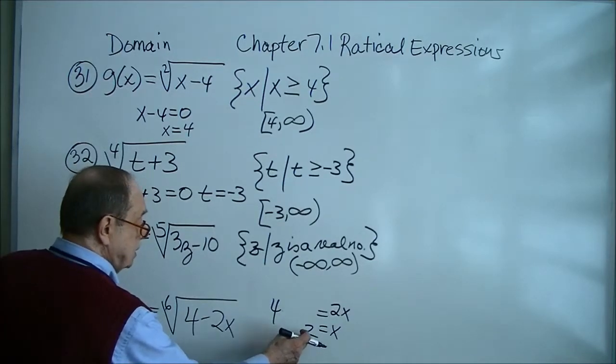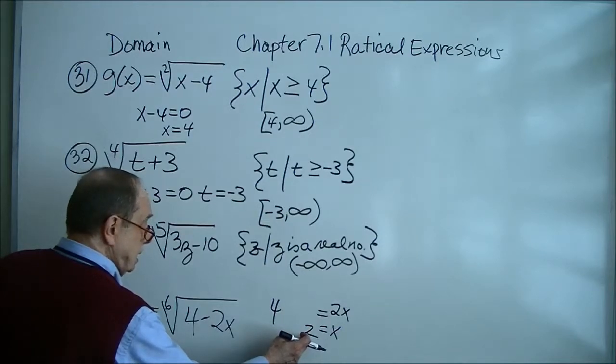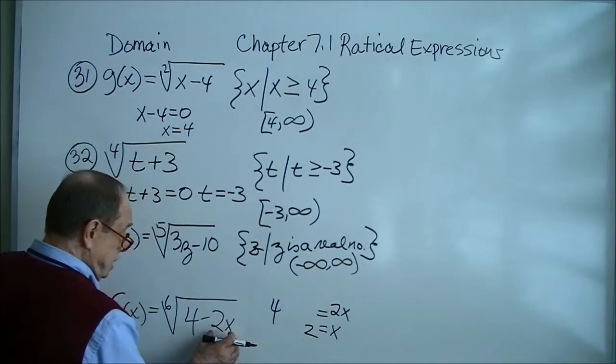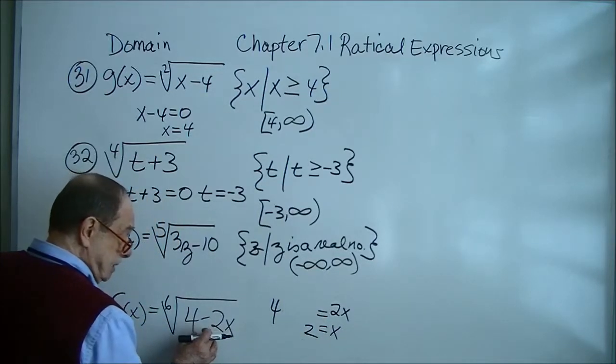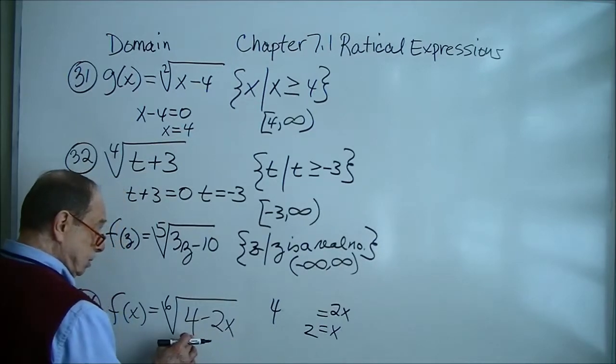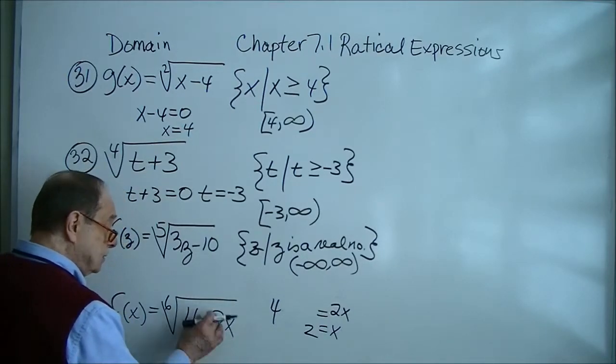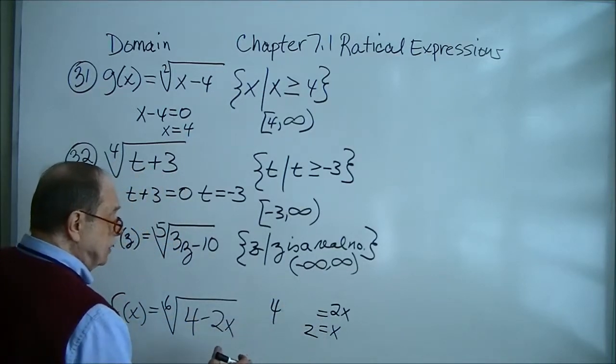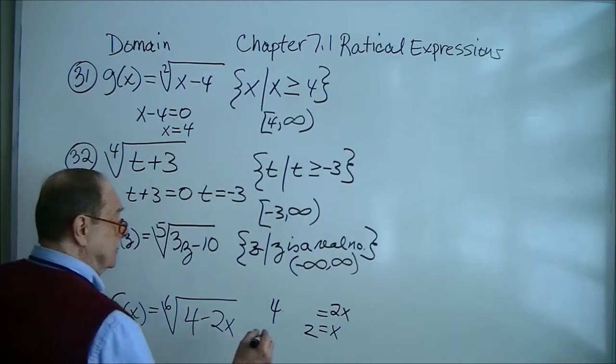If this were a positive 3, that is bigger than 2, it would make this a -6 plus 4, a -2 under the radical. So in this case, it's a little bit different. So watch what's going to happen here.